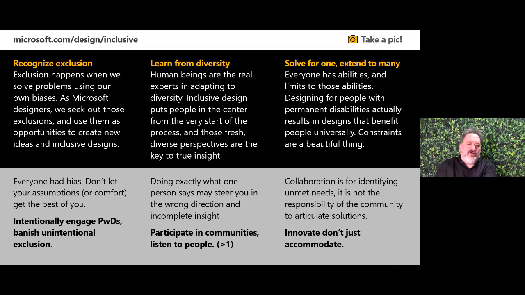To add on to what I just said about comfort and learning, what I've seen happen is that someone who wants to do the right thing, who is open to understanding that their point of view is not necessarily universal, will meet someone with disabilities. That person will tell them what they think they should do.